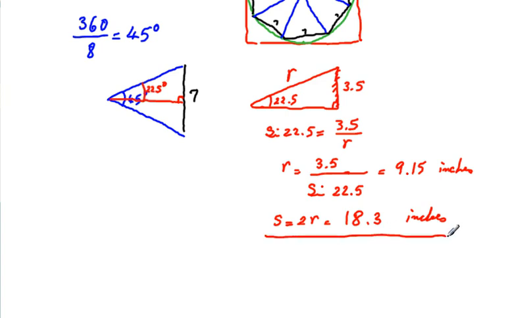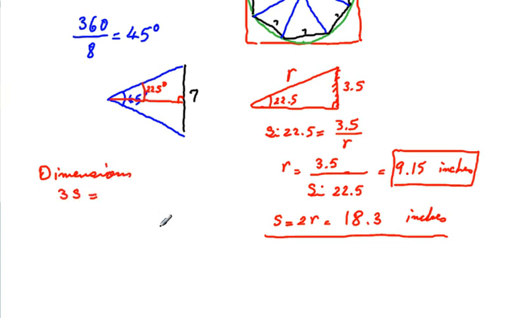So that was one piece of information the text wanted. How big is the radius? Then the dimensions. On the top is 3s, which is going to be 3 times 18.3. So that is, I guess, 54.9 inches. On the other dimension is 4s.